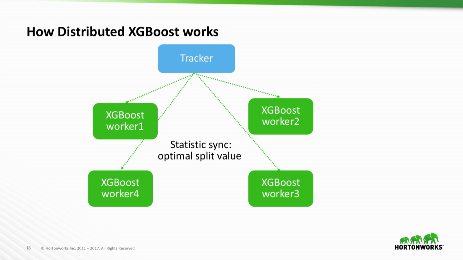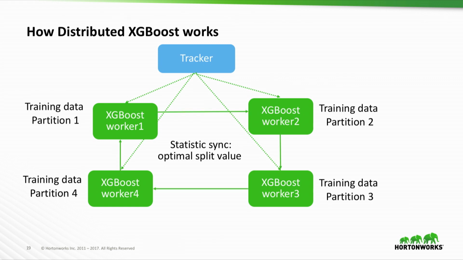First, this is the distributed XGBoost architecture. It has a tracker and, in our example, 4 workers. In distributed XGBoost, the 4 workers talk with the tracker, which coordinates them. Each worker takes a partition of the training data set, which is one part of the training data, to compute some statistics locally.